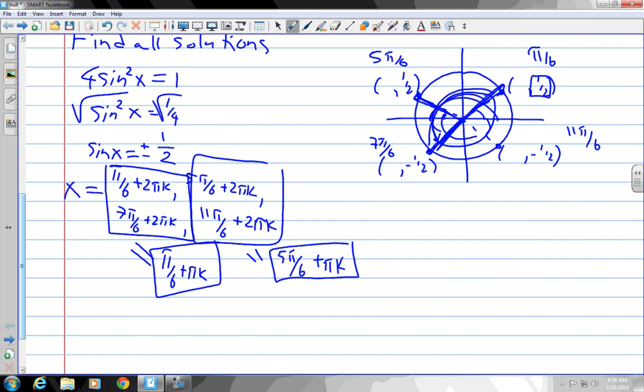If the question was just find all solutions on the interval from 0 to 2 pi, you would have to list all 4. You'll go pi over 6, 5 pi over 6, 7 pi over 6, 11 pi over 6. Those are 4 solutions on the interval from 0 to 2 pi. But if we go to the entire number line, then you can make it more condensed.